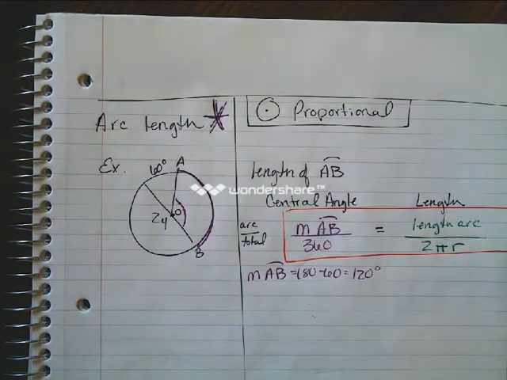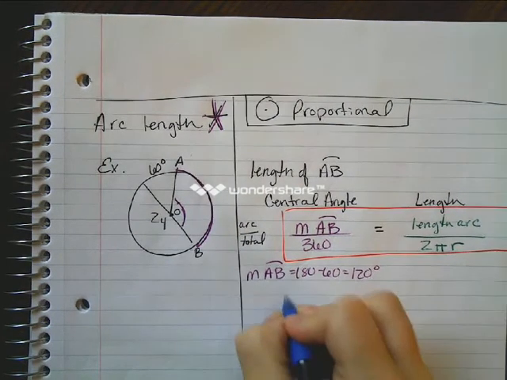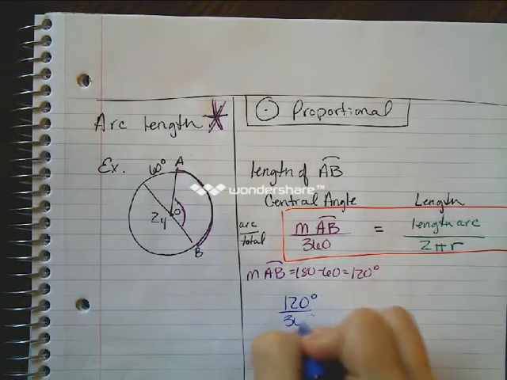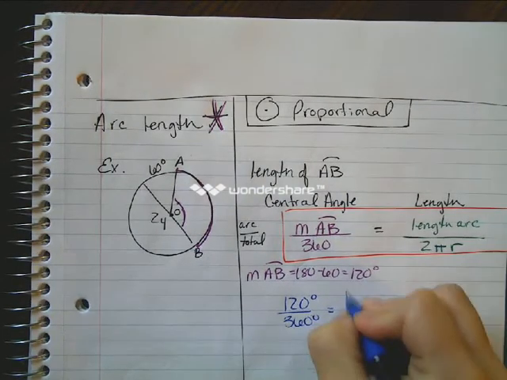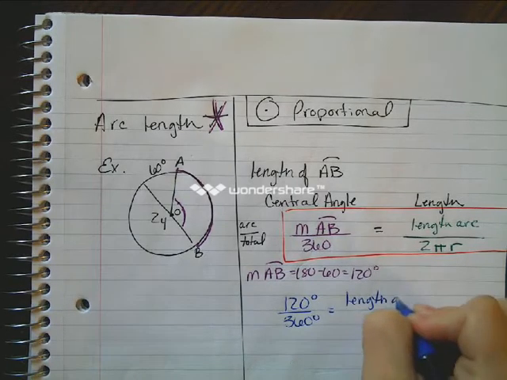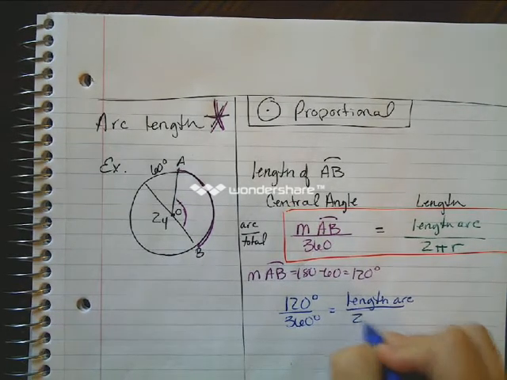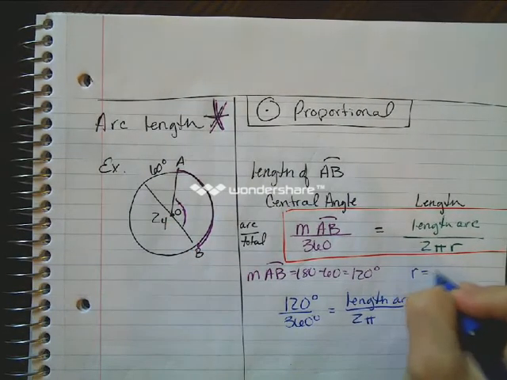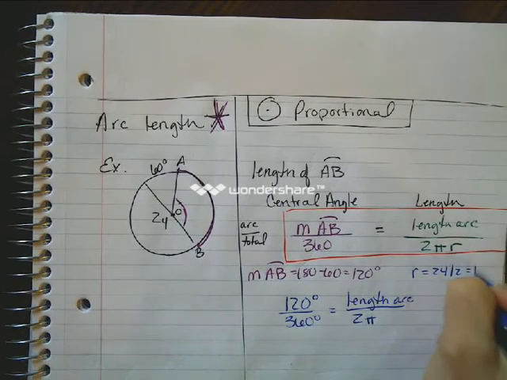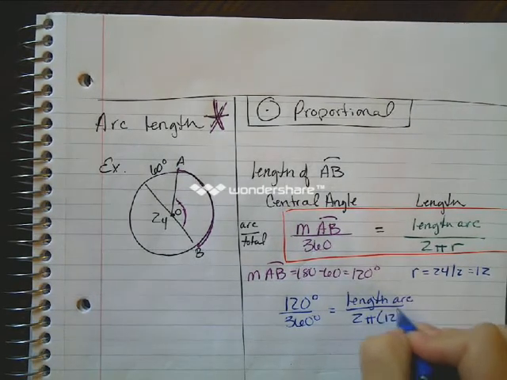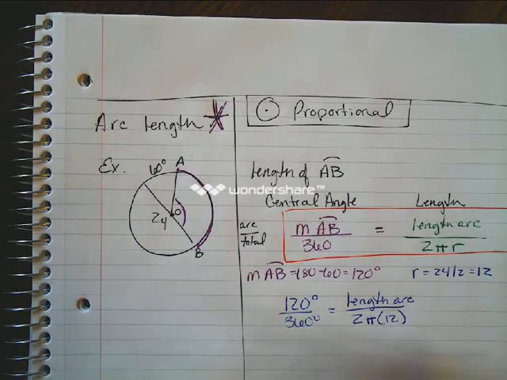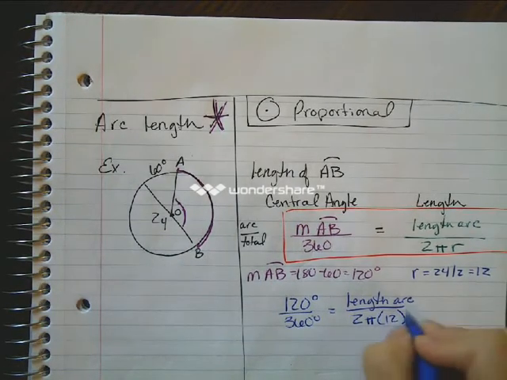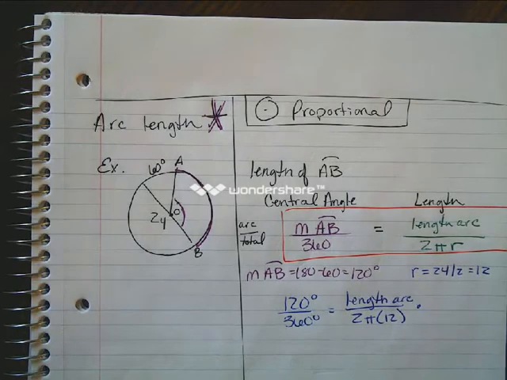To solve for this, we would just multiply both sides times 2 pi 12, and that cancels. We're left with the length of AB is equal to, how is that pen running out already? Equal to all of this multiplied together, which gives me 25.13.